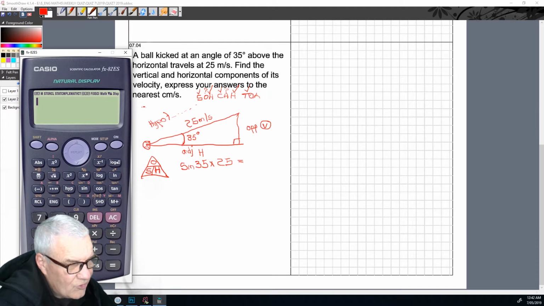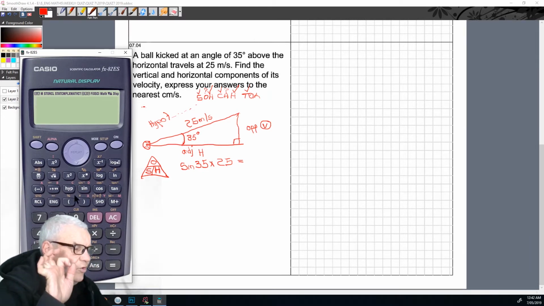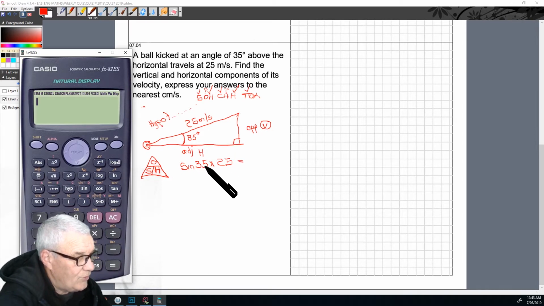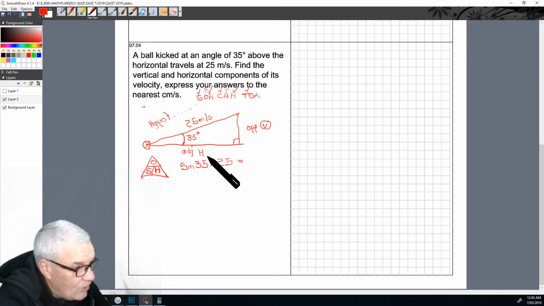Right, so let's go. Now, just before we do that, the hypotenuse is the longest side. So at this point here, we're using the sine. That's going to work out the opposite, which is the vertical component. So it's sine 35 times 25, and that's 35 degrees.